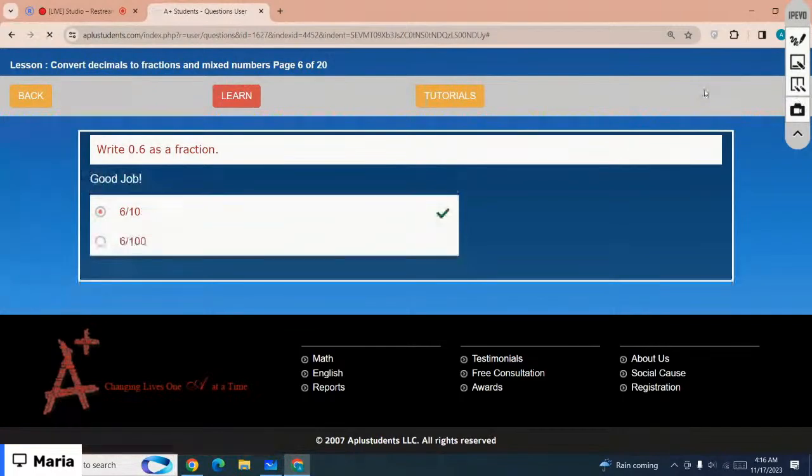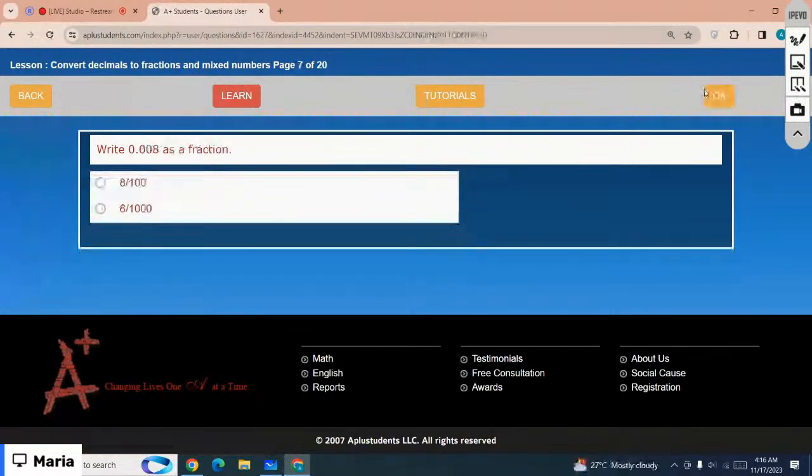Why 0 over 10? What do you mean by 0 over 10? Write 0.008, which is the correct option.